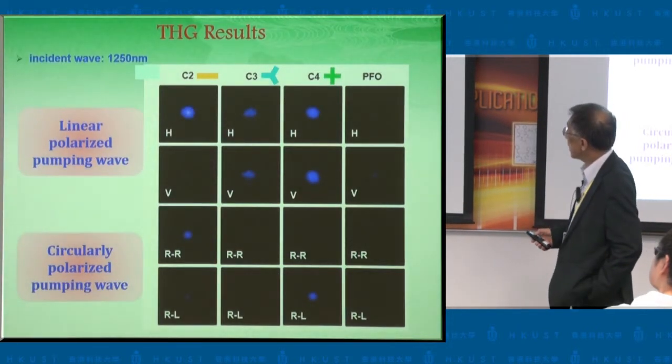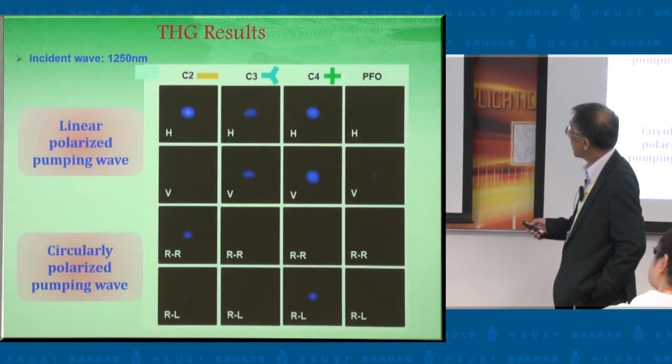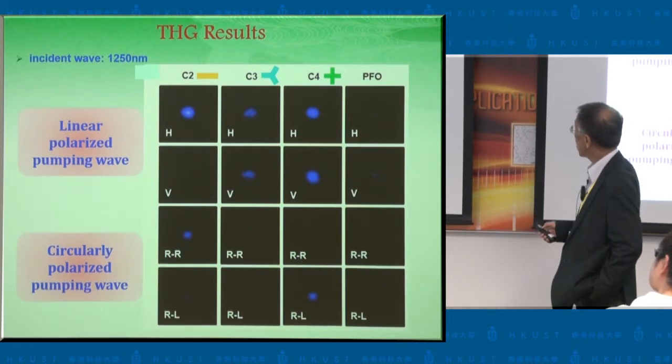Here you could see the result. By looking at the plot itself, the top two rows are the linear, so horizontal and vertical, and you could see C2, C3, and C4, and the plain PFO itself.